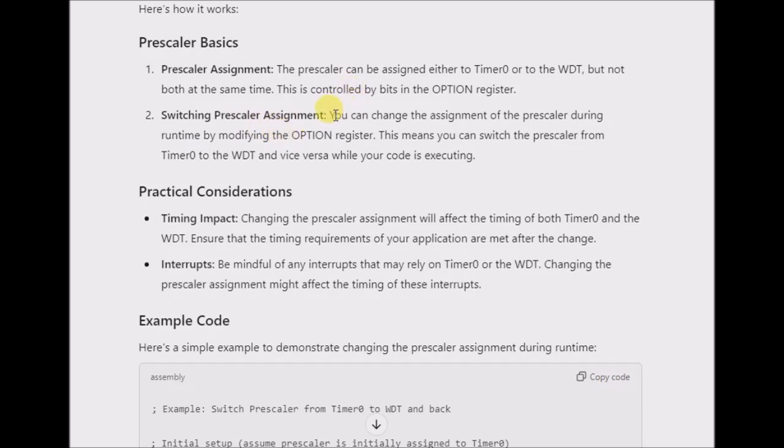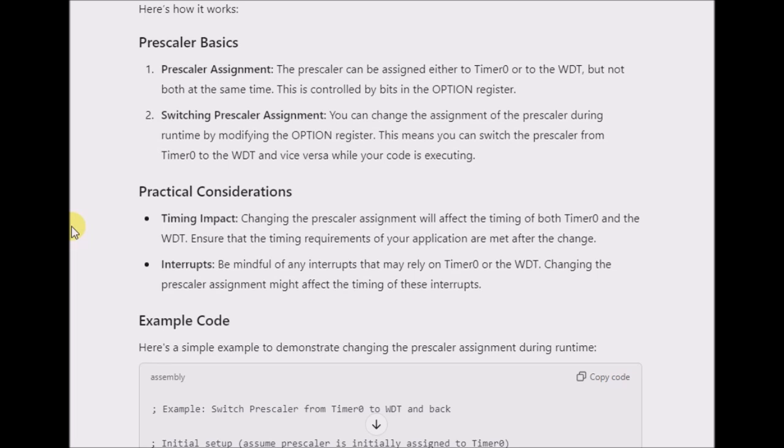You can change the assignment of the prescaler during runtime by modifying the option register. This means you can switch the prescaler from timer 0 to the WDT and vice versa while your code is executing.